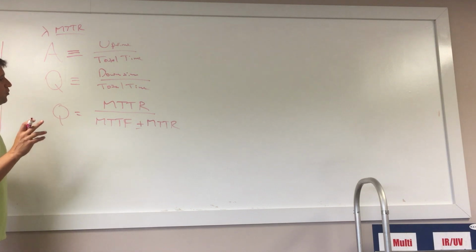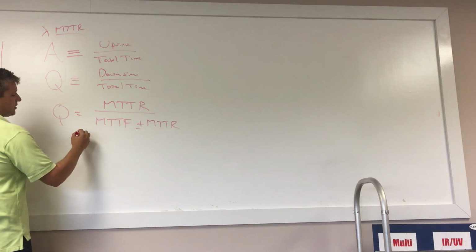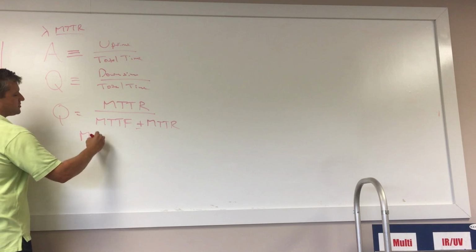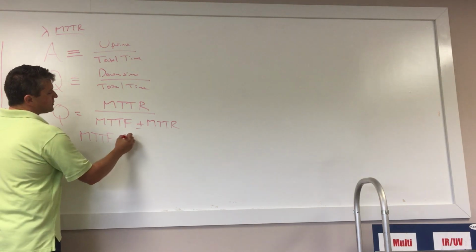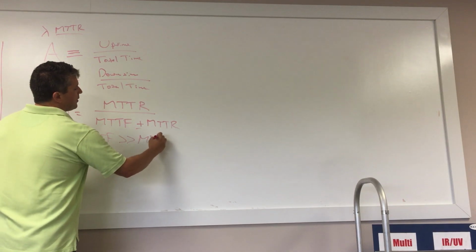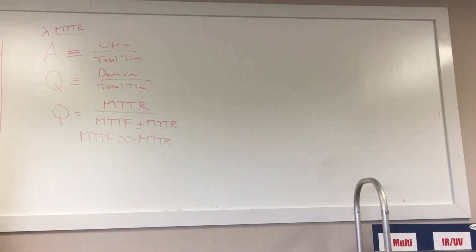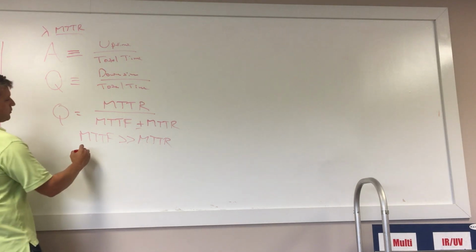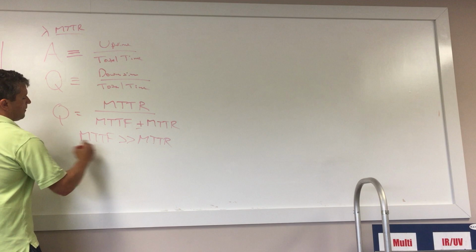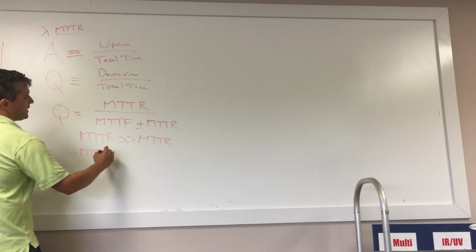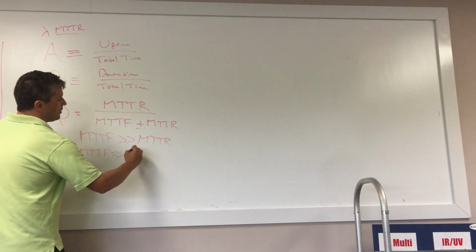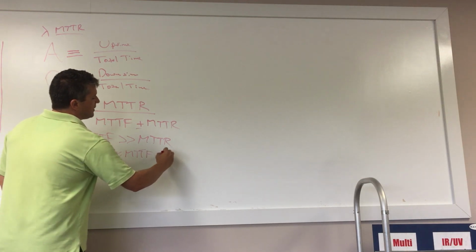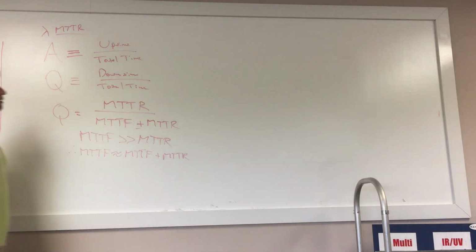we are going to do an approximation because our assumption is that the mean time to fail is much, much greater than the mean time to repair. Because of that, the mean time to failure is approximately equal to the mean time to failure plus the mean time to repair.